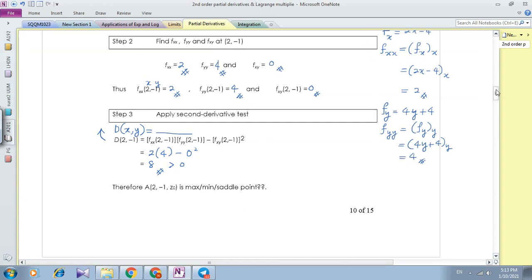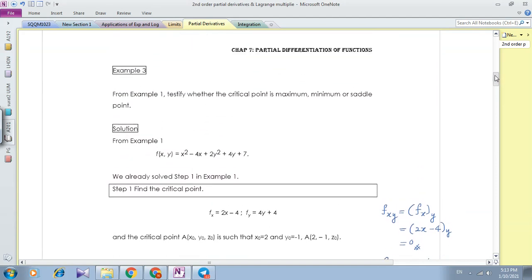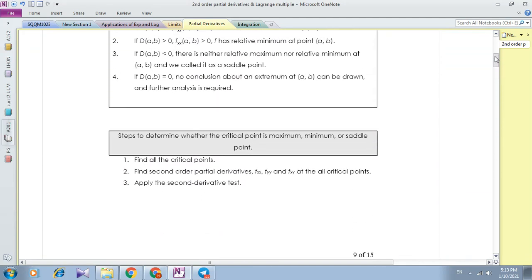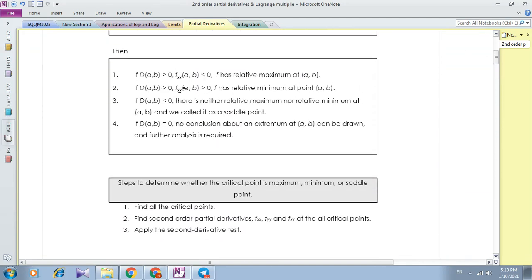Now let's go back to the notes. What happens when D is greater than 0? We have D equals 8. What about fxx? We need to check whether fxx is less than 0 or fxx is more than 0.